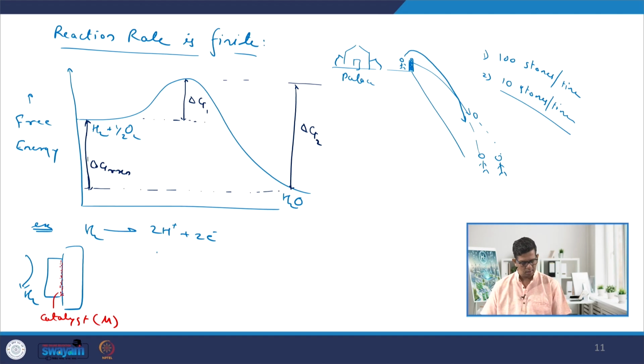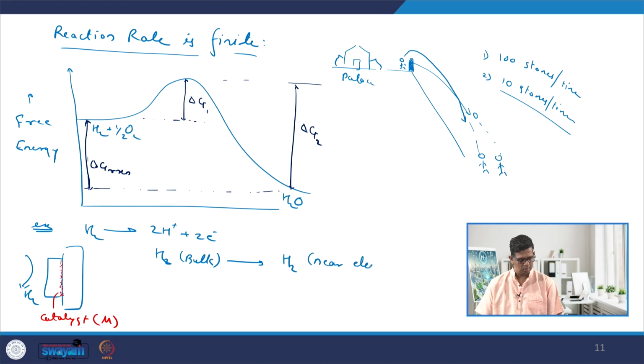This hydrogen, which is in the bulk, comes closer to that metal catalyst. So, this is hydrogen near electrode. Here we have to understand that electrode stands for the metal catalyst, or other catalyst.